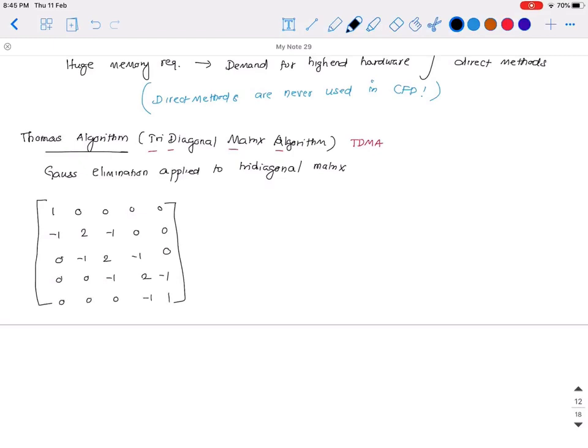This is a sparse matrix in which non-zero elements are located only on 3 diagonals: the main diagonal, the lower diagonal, and the upper diagonal.